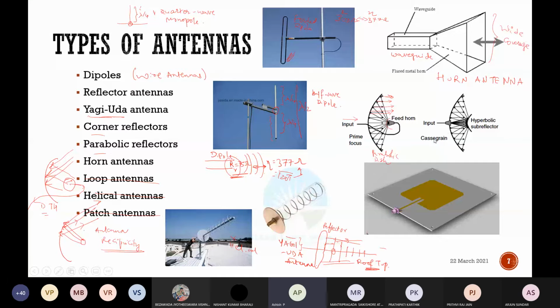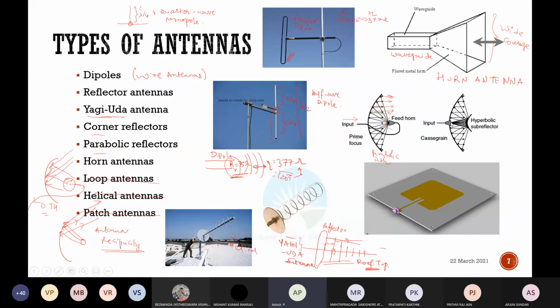Then another type of arrangement is called the Cassegrain feed. Some people have a problem that the feed horn is taking away some of the radiation, once the waves are reflected from here and these plane wavefronts are coming. If this horn is bigger, it acts as an obstacle to those waves.